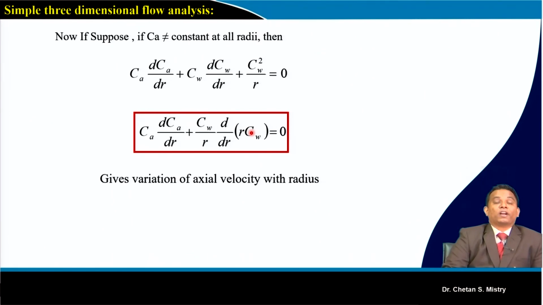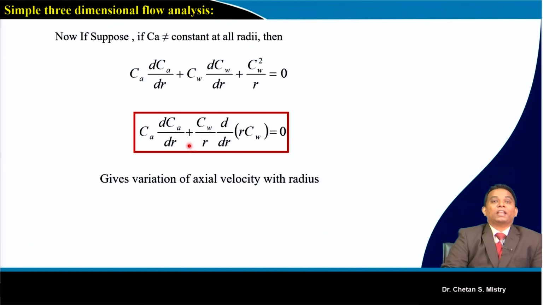Then, based on the second law of thermodynamics, we incorporated the change of enthalpy into the radial equilibrium equation, and came up with a formulation representing the change of total or stagnation enthalpy along the radius in terms of axial velocity and tangential velocity.